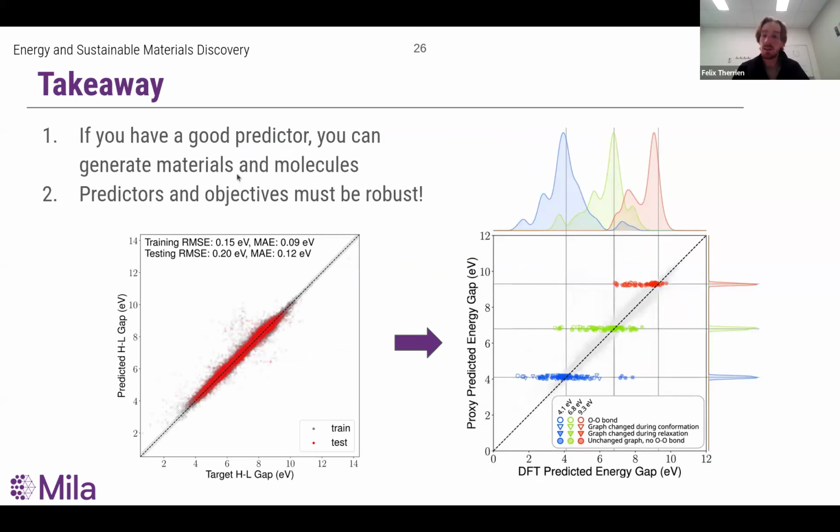Okay, Felix, so the takeaway. Yeah, sure. May I ask if the output is a molecular graph, or do you embed your atoms in a three-dimensional space? Yeah, that's a good question. The output for this model is just a 2D graph, which means it's not embedded. It doesn't have 3D coordinates.